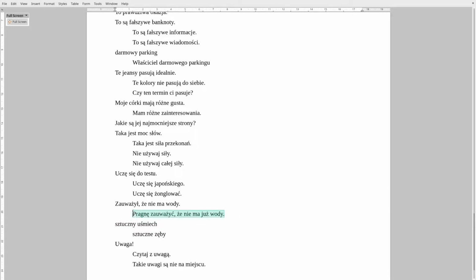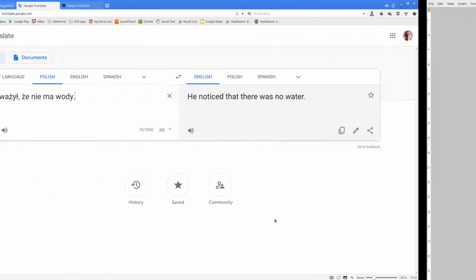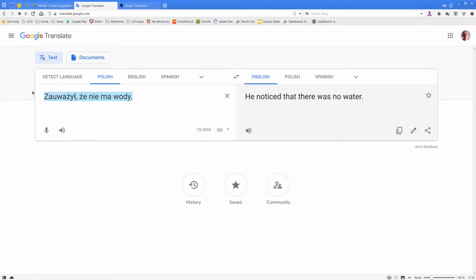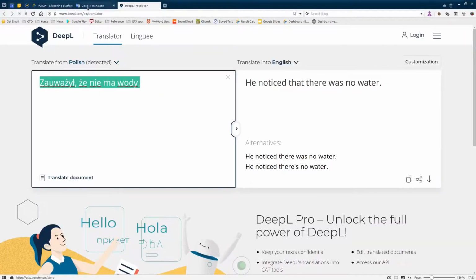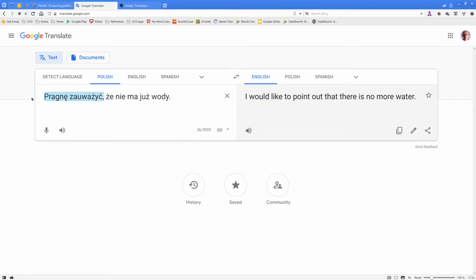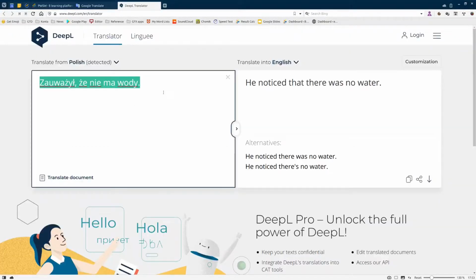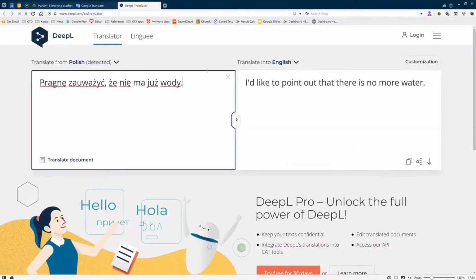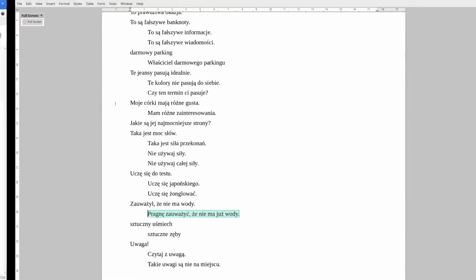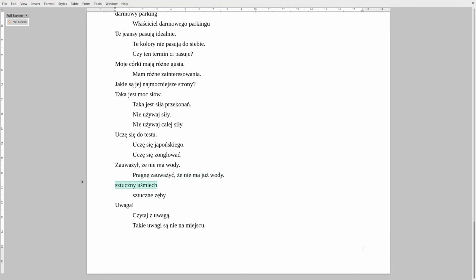So here, of course, zauważyć has a totally different meaning. And no problem here. I would like to point out there is no more water. Obviously, this phrase is pretty common. So, right, same translation.